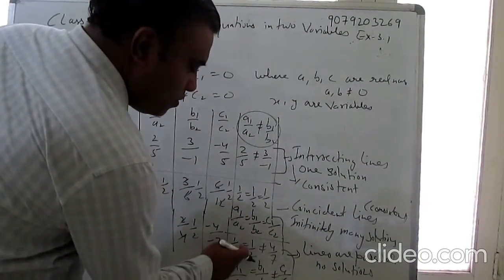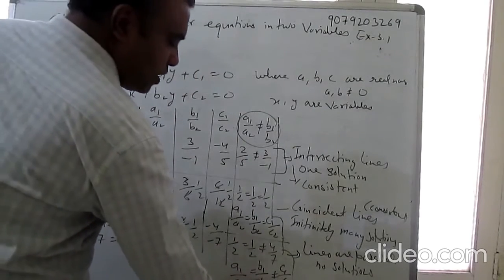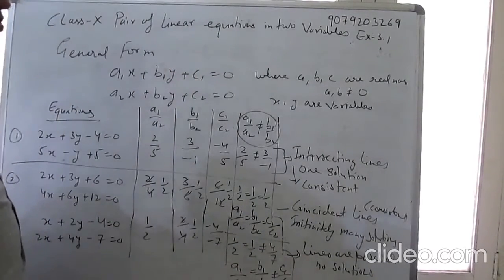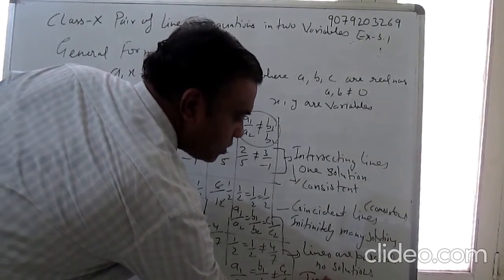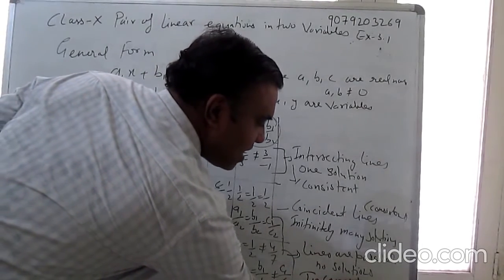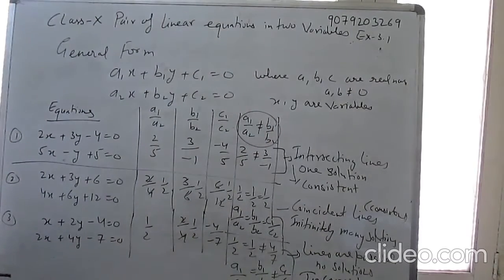And 1 upon 2 equals 1 upon 2 not equal to 4 upon 7 means the first two ratios are equal and the third is not. Lines are parallel, no solution. It is called inconsistent lines.